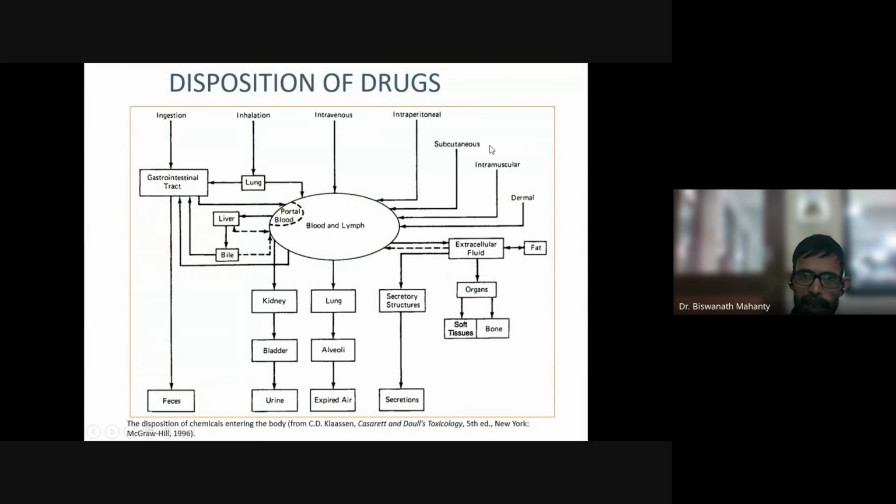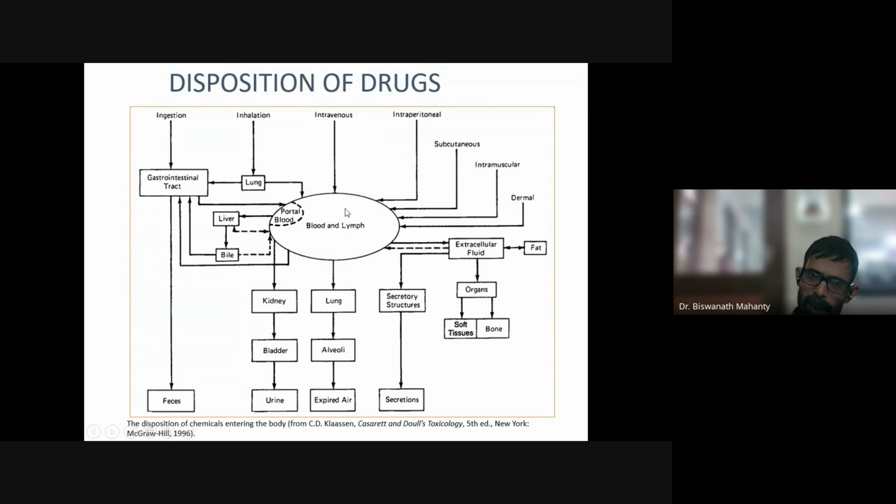If I talk about the drug in our body system as a compartment model, we're talking about the drug molecule coming through the gastrointestinal tract, going into our portal blood, bloodstream, blood and lymph. Some drug molecule can go through the liver and again come into our main blood circulation, which also provides vascularization to the GI tract. The molecule can also come directly through the intravenous route, intraperitoneal route, or subcutaneous route.